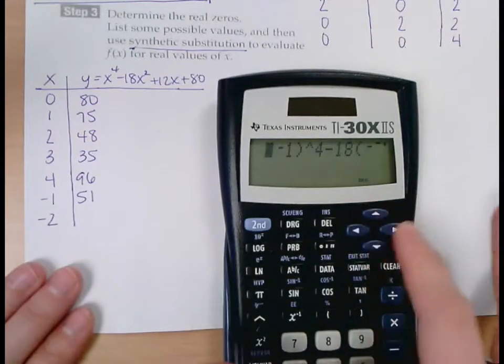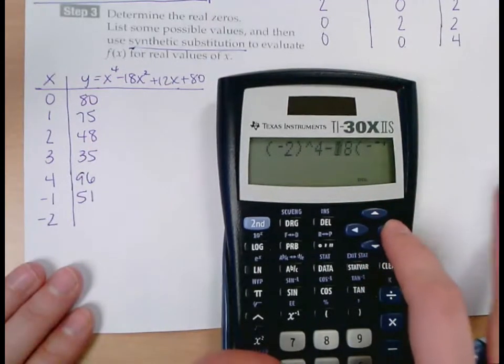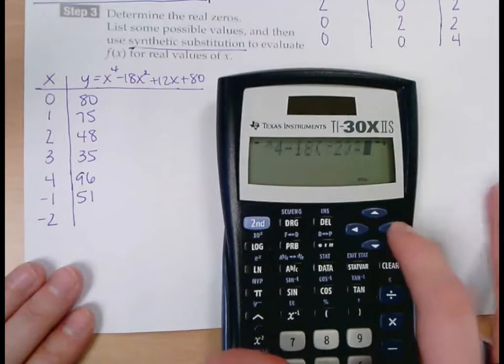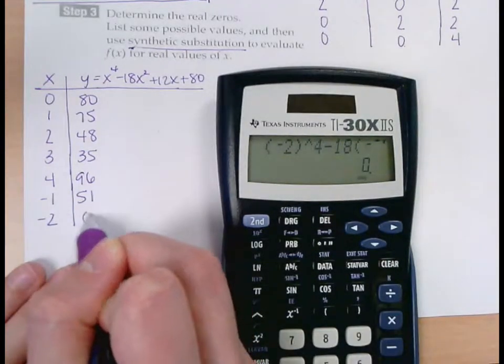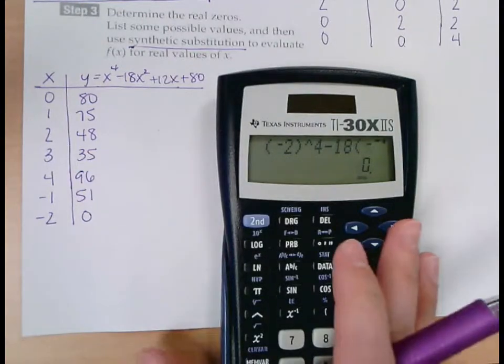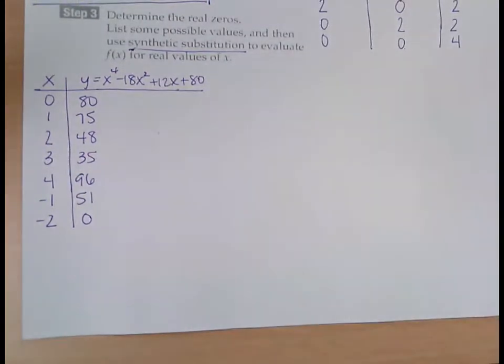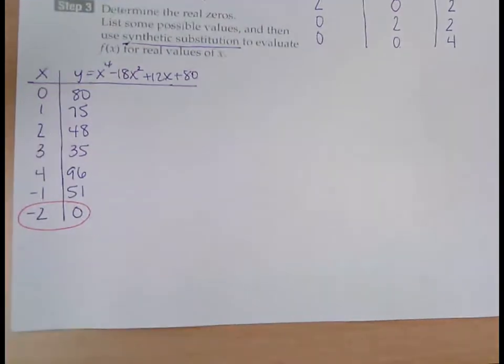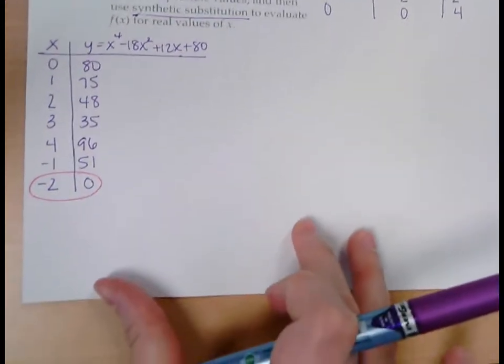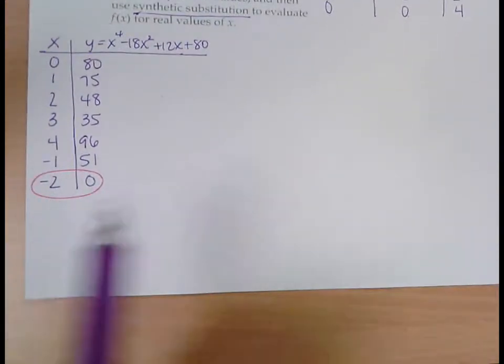And then if I try negative 2, I found an answer. When I plug in -2, I do get 0. So when I list my 4 answers, -2 is one of them. Okay, now here is what you want to do when you find a 0.